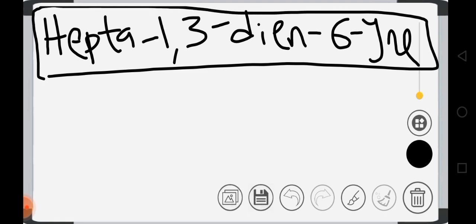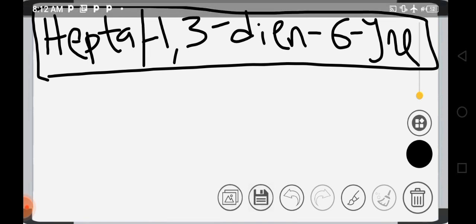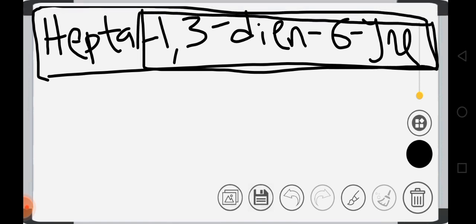Now, I told you that first you look at the last name, but if you check the last part of this question very well, it is not in the homologous series.